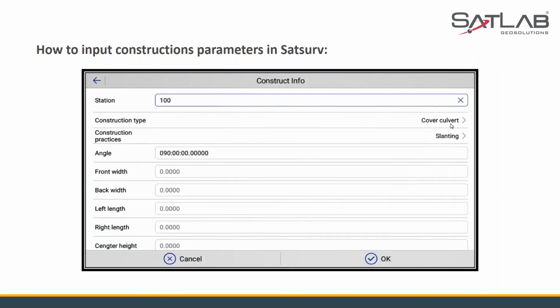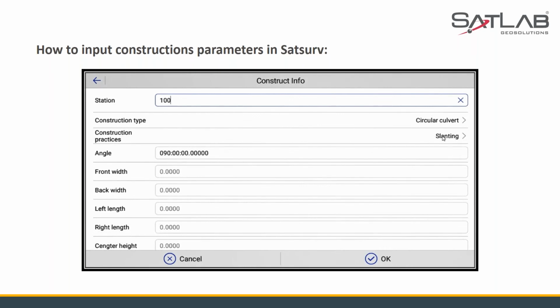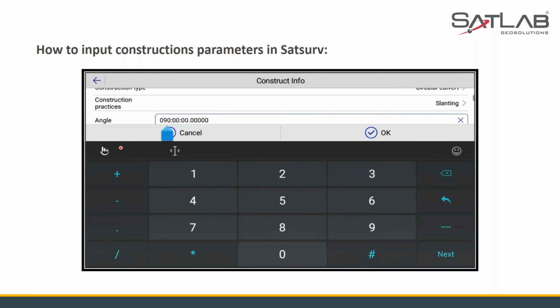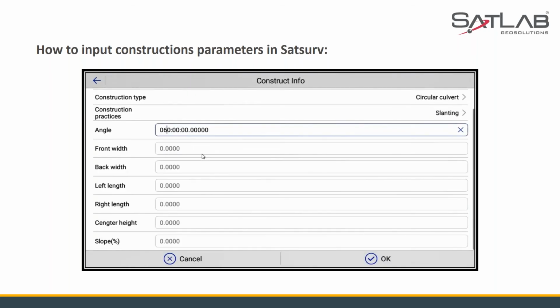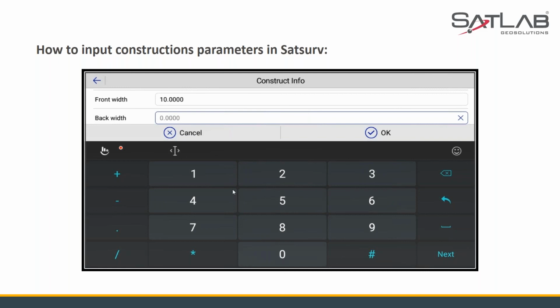As you can see, at RD 100 I have a circular culvert, and I'm giving all the parameters: the front width, the length, the rise, the height if you have any. And if there is some kind of slope, you have to give the slope as well, because water has to go from one side to another. So yeah, slope is a must.